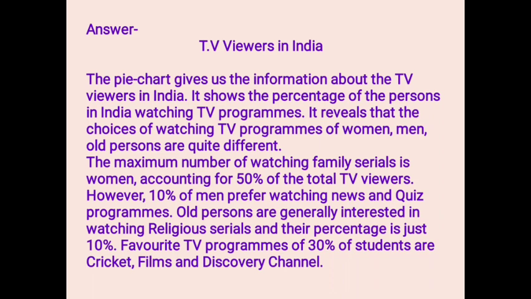The maximum number of watching family serials is women, accounting for 50% of the total TV viewers. However, 10% of men prefer watching news and quiz programs. Old persons are generally interested in watching religious serials and the percentage is just 10%. Favorite TV programs of 30% of students are cricket, films and Discovery Channel.